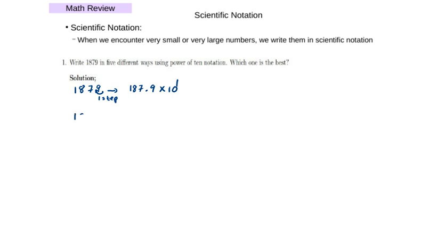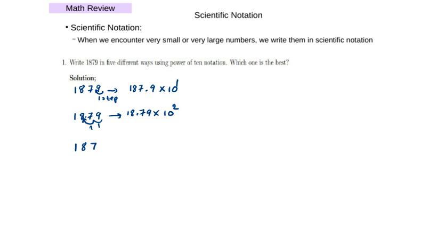Since I moved one step backward, it will be times 10 to 1. Another way, 1879, I can do 2 steps backward, right? 1 step, 2 steps, and I am stopping here now, it will be 18.79. Now I moved 2 steps backward, so it will be 10 to 2.